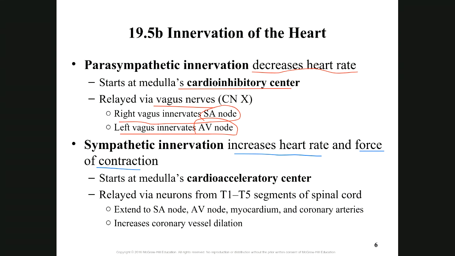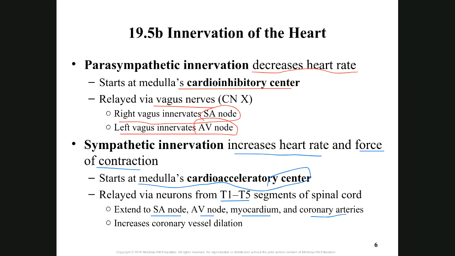The sympathetic innervation starts from the medulla cardio-acceleratory center, and it comes down by nerve thoracic number 1 to thoracic number 5 of the spinal cord, and it extends to SA node, to AV node, myocardium, and coronary arteries.